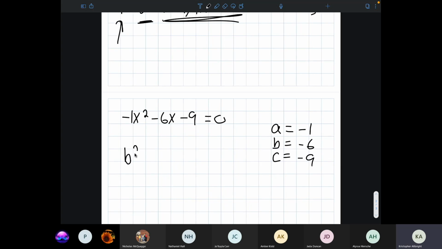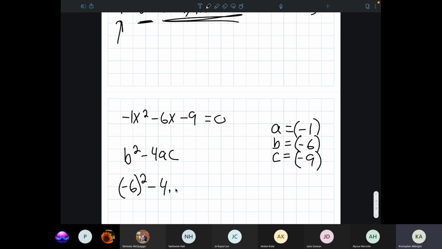So now we have our discriminant, which is b squared minus 4ac. So when we plug in, we need to remember to plug in our signs as well. So I use parentheses around them. So now we do negative 6 squared, because that's going to give you a different answer if you just plug in negative 6 squared or parenthesis negative 6 parentheses squared. You're squaring that whole negative 6. You're going to get a positive number here.